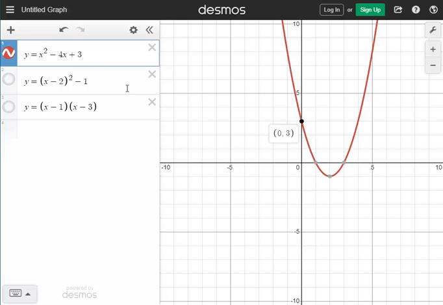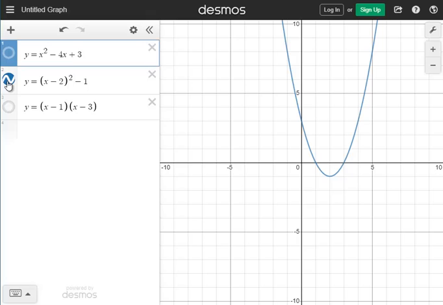But other than that, if I look at any of the other key points for the parabola, I'm not seeing a 1 show up anywhere. I'm not seeing a 2 or a -1 show up anywhere. I'm not seeing a 3 other than this 3 here. So this equation really has nothing to do with any of these other key points of this parabola. So I'm going to turn this one off for a second and let's turn on this next one.